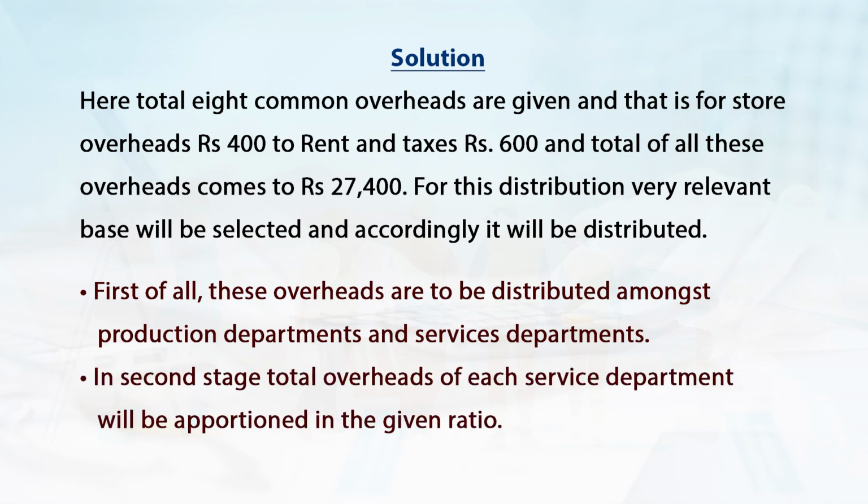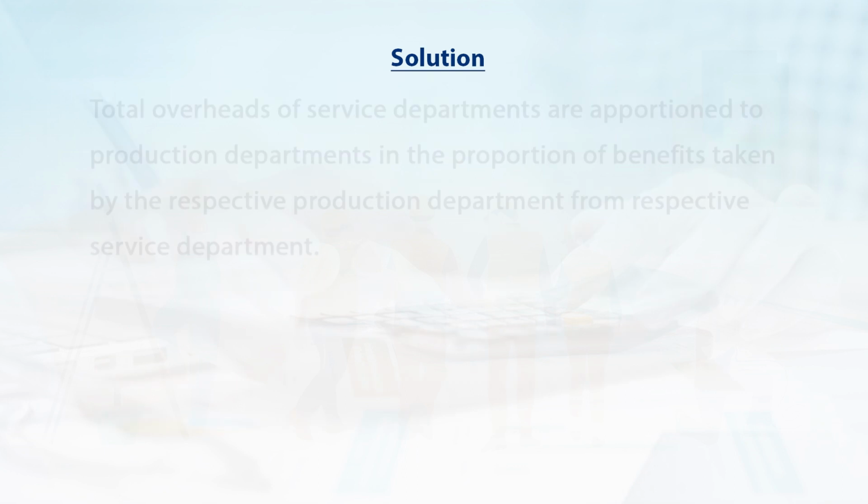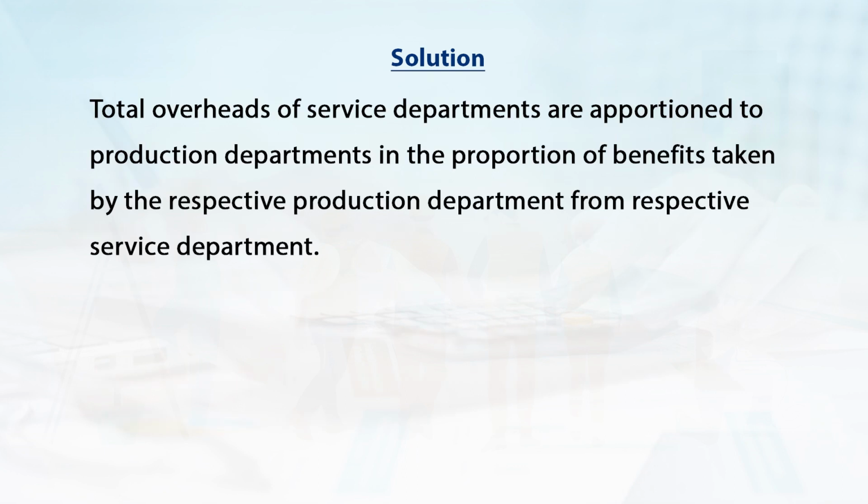In the second stage, total overheads of each service department will be apportioned in the given ratio. Total overheads of service departments are apportioned to production departments in proportion of benefits taken by the respective production department from the respective service department.